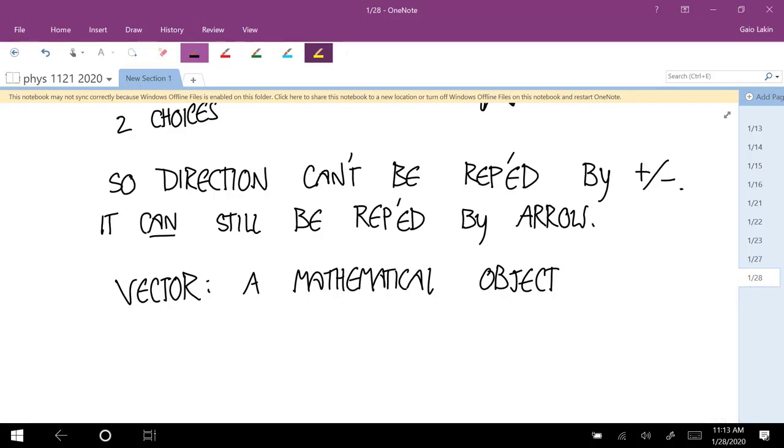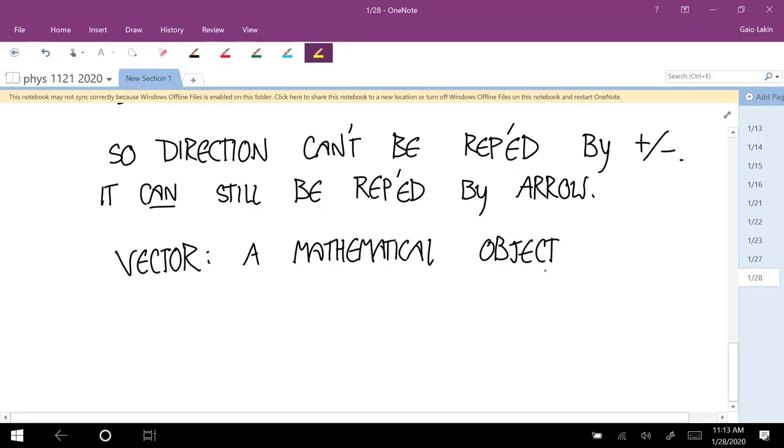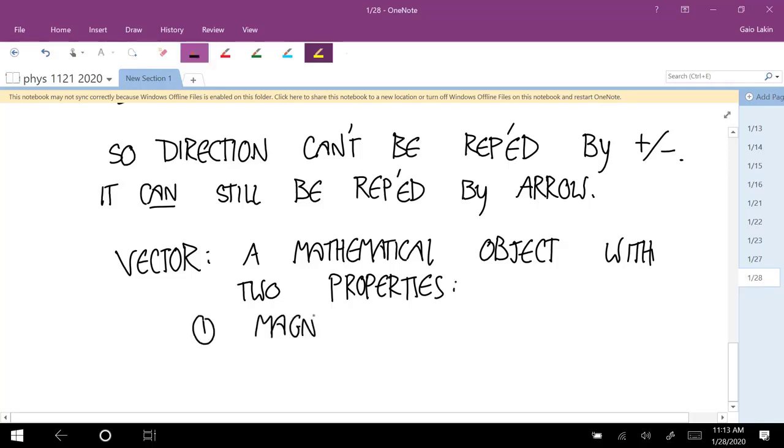It's not something that's there in the real world, but it's a mathematical thing. You can imagine it. And these 2 properties you need to remember. The first one is a magnitude, and the second one is a direction.